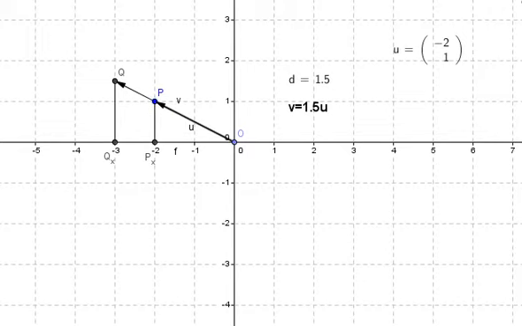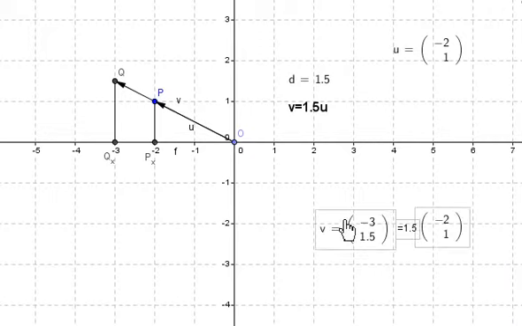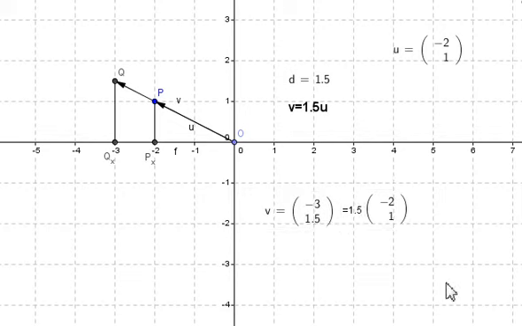And this explains why, when we want to find the coordinates of a scalar multiplication of vector u, we multiply both coordinates of vector u by this number.